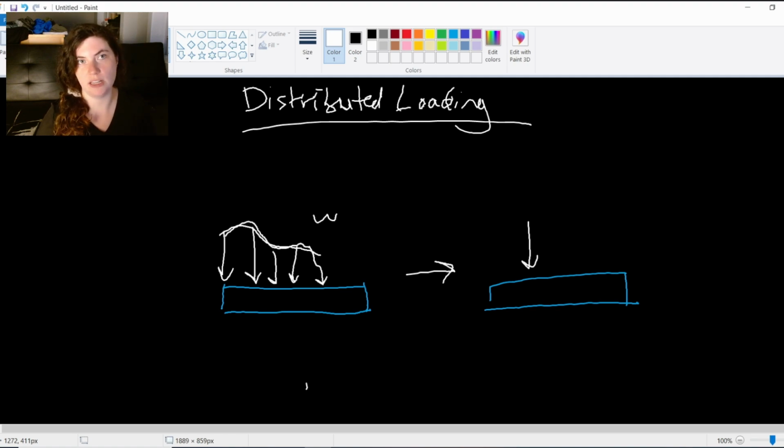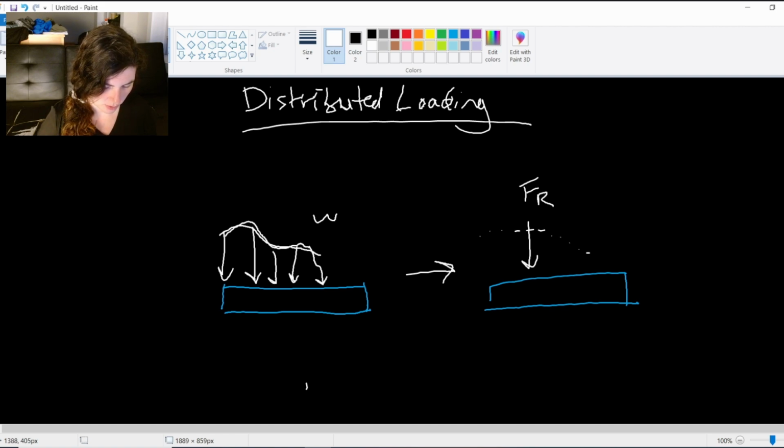It represents the overall load and how it impacts the object that it's on, the body, as a resultant force. So now instead of that shape, we have the remnants of that shape and just that resultant force acting on it. So we're going to talk about how we can find this.